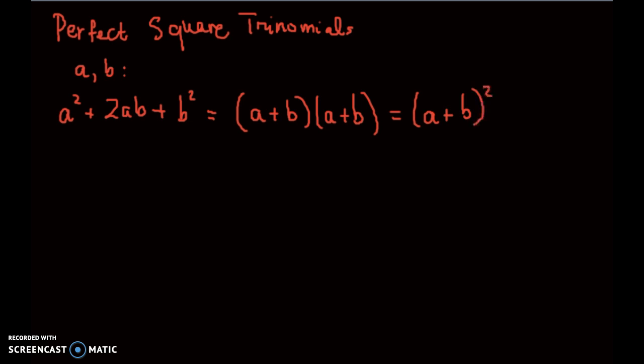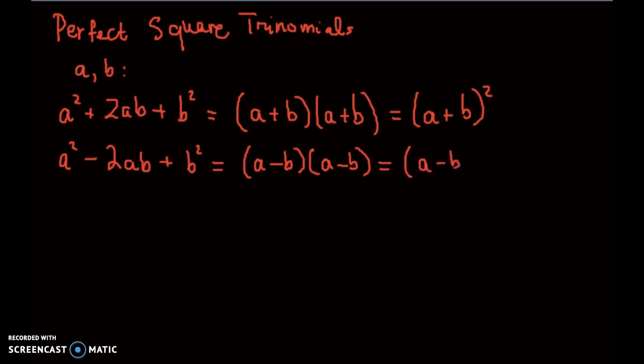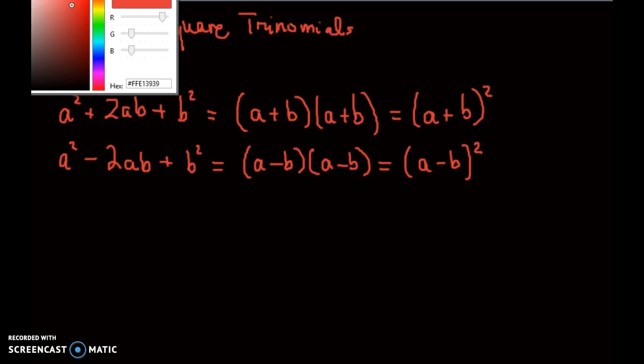The same situation with a squared minus 2 times a times b plus b squared, and in this case we would have a minus b times a minus b, and this will equal a minus b squared.